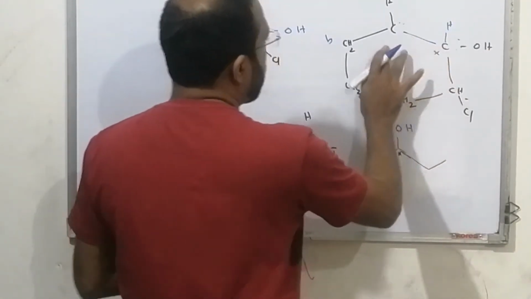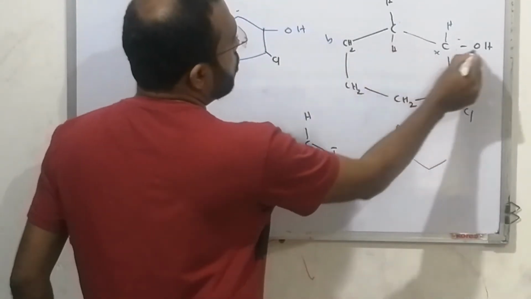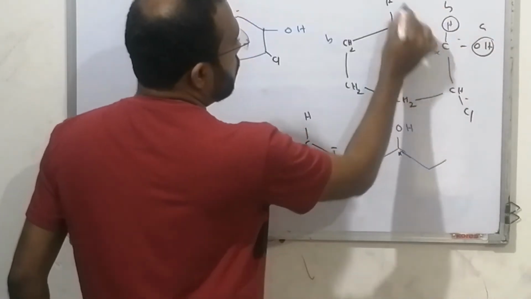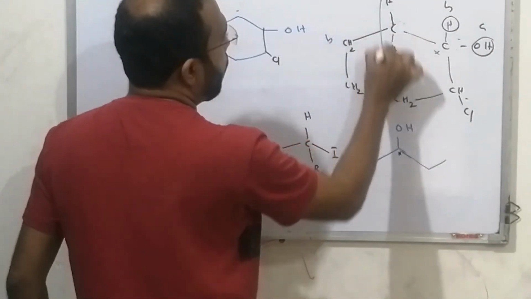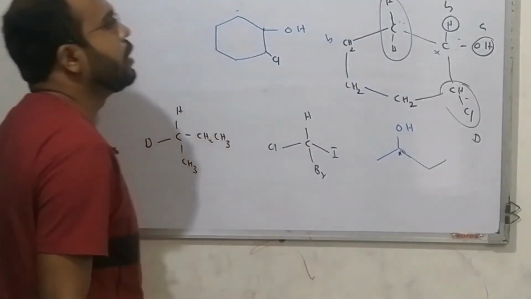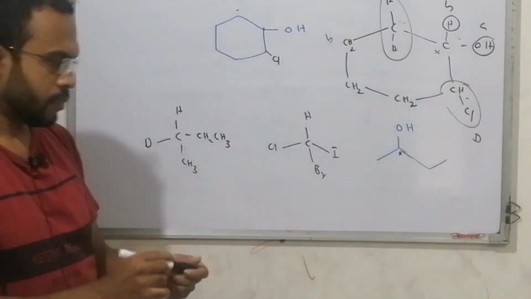I am really sorry, there is a small mistake. Now this is a chiral carbon because here A, B, this is C, and this is D. Okay, therefore this carbon is chiral.